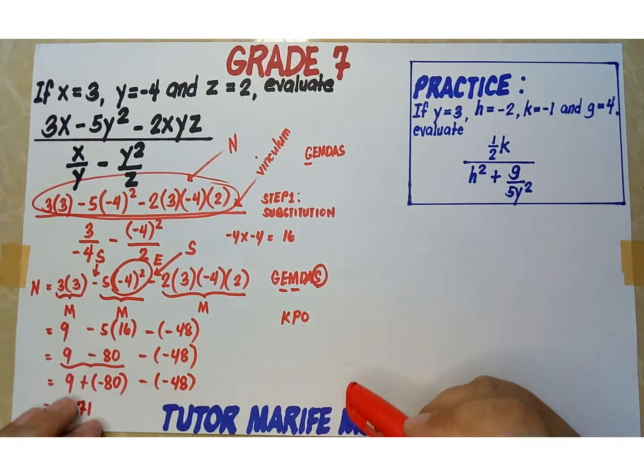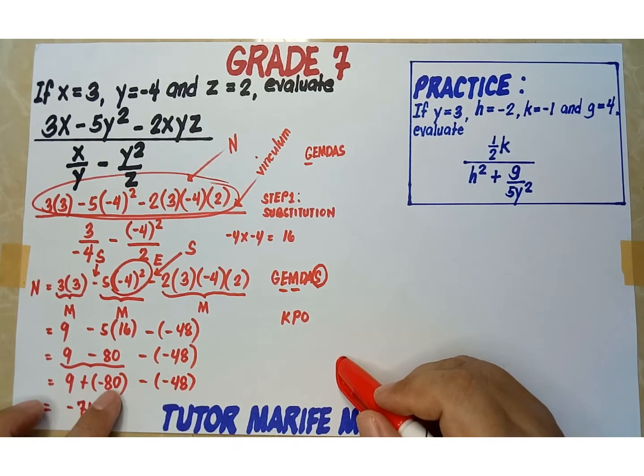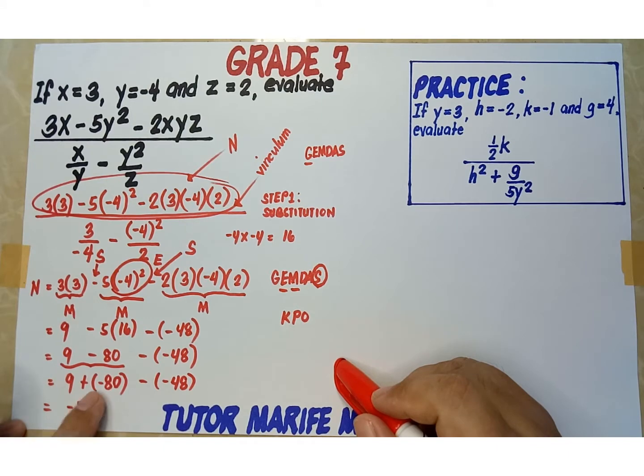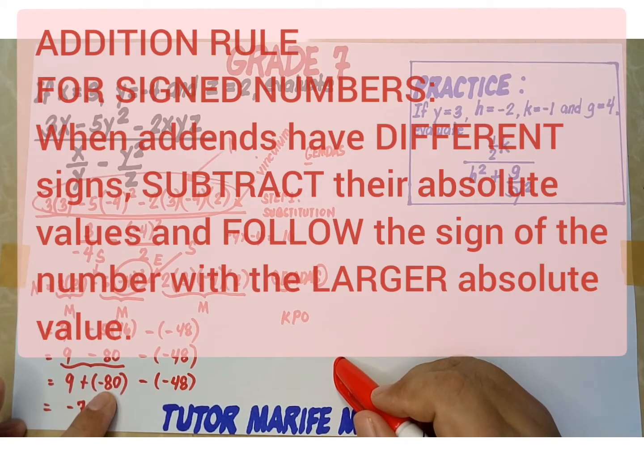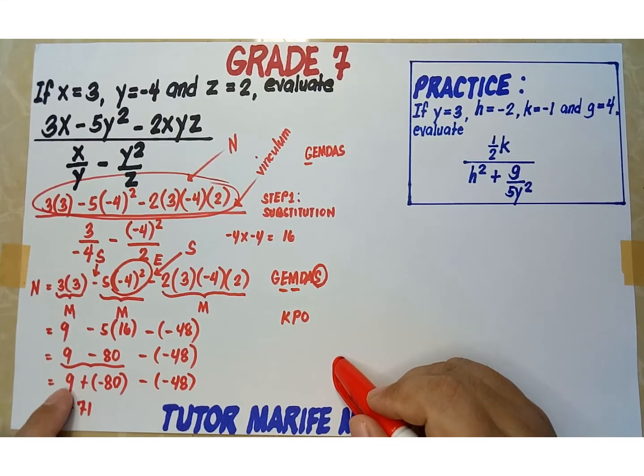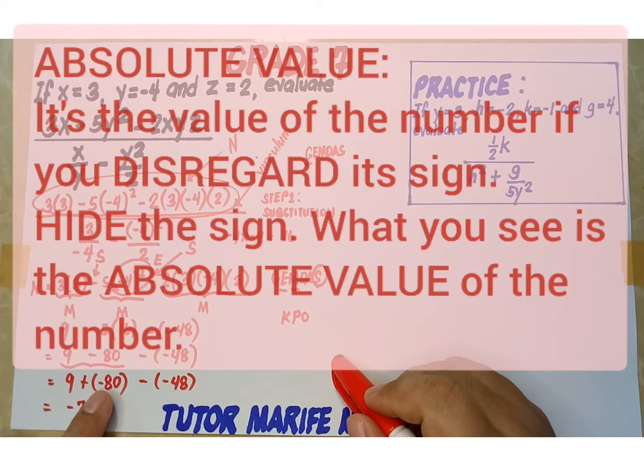Application ng addition rule for signed numbers. Pag different yung signs ng addends mo, subtract their absolute values and follow the sign of the number with the greater absolute value. Absolute value of 9 is 9. Absolute value of negative 80, i-disregard mo lang yung sign, it's 80.